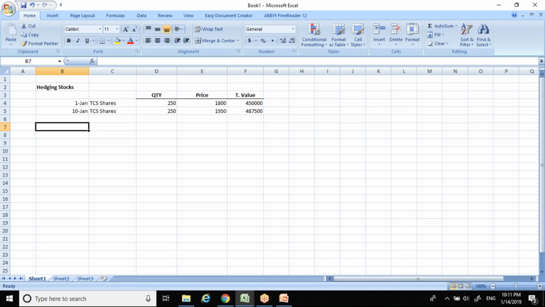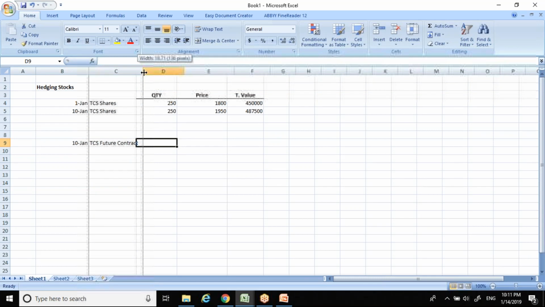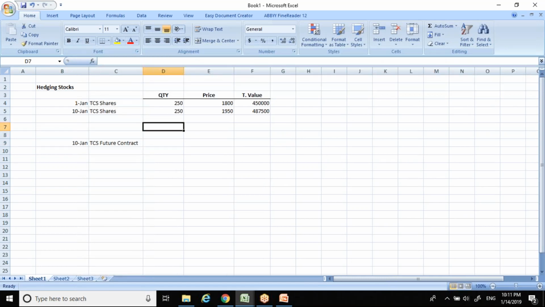So what I do is on 10th January itself, I look for a TCS contract, a TCS futures contract. Obviously I need to see the quantity has to be the same. So luckily I find that the lot size or the contract size is around 250.